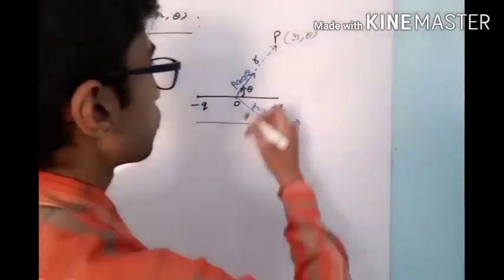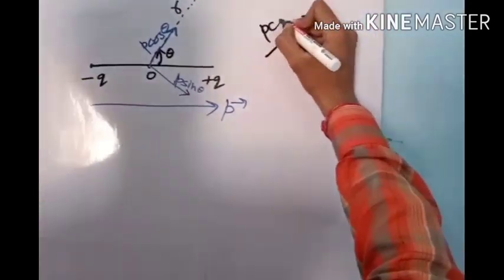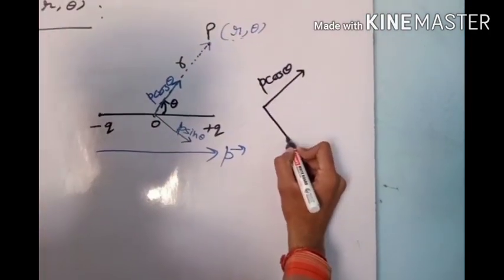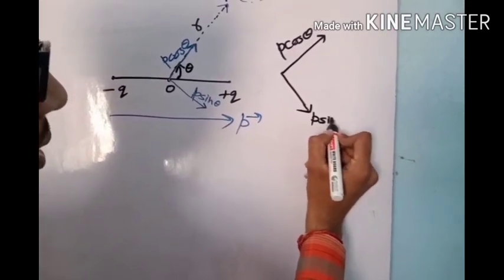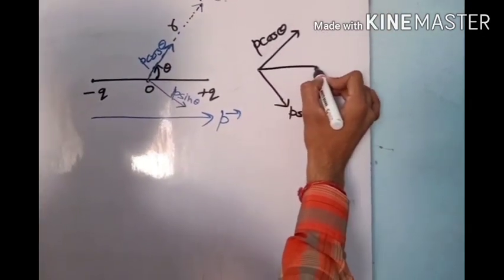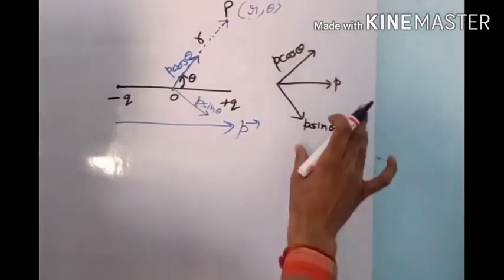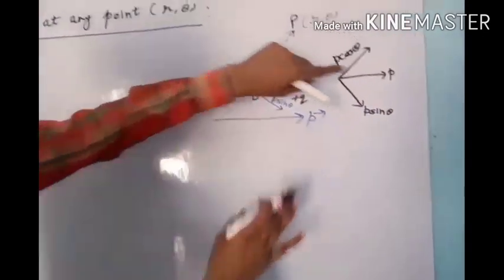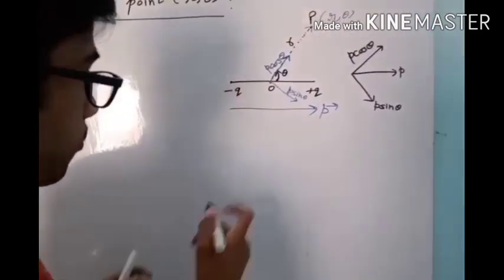The component in this direction is P cos theta, and P sin theta is perpendicular to this component. The dipole P is the resultant of these two, with magnitude P. So it is equivalent to two dipoles placed mutually perpendicular to each other.